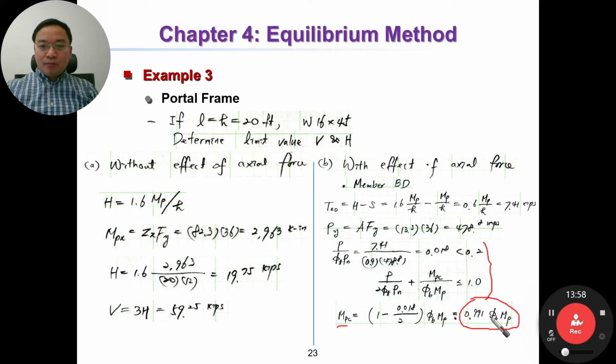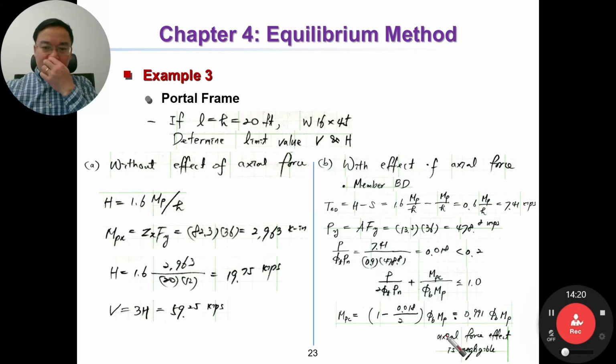Okay, this one equal to maybe 0.9 for beam. You can check in the textbook I already mentioned, and so the effect of the axial force is small, 0.991, almost 1. Okay, almost 1. So the effect of axial force in this case is very small, and it can be ignored. It can be neglected.